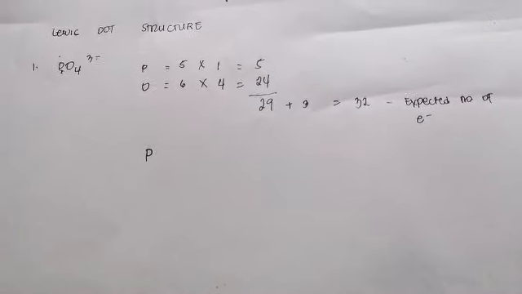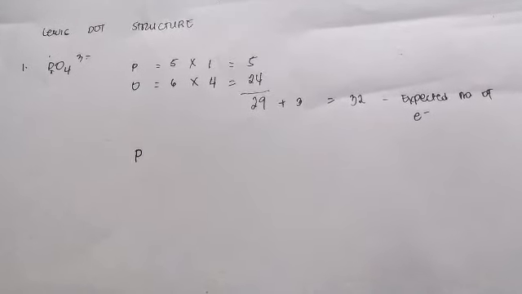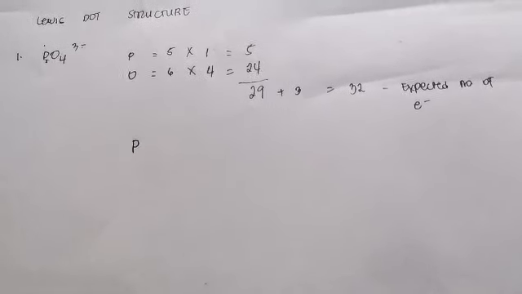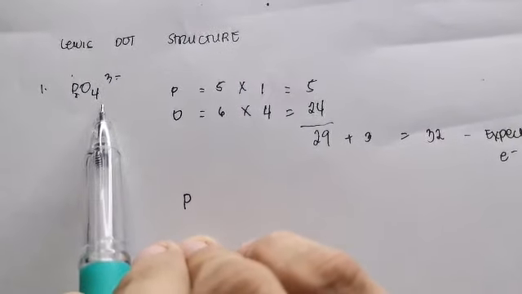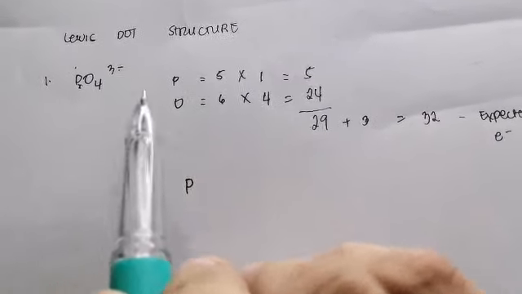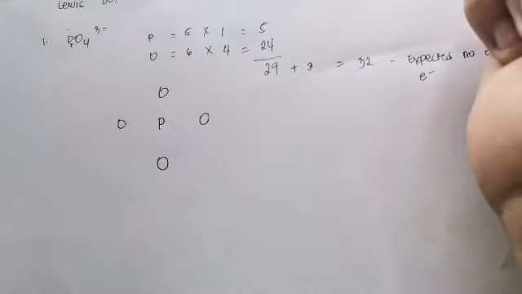Okay. So after putting the phosphorus, how many oxygen will we place? So you have 4. What will happen is we distribute the oxygen. How many oxygen again? You have 4. 1, 2, 3, and 4.